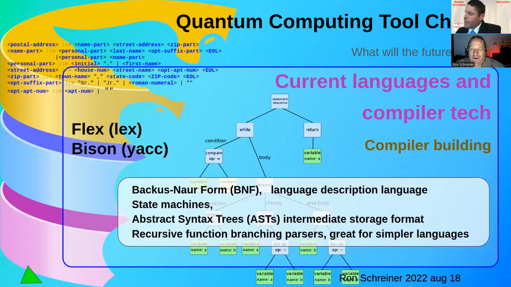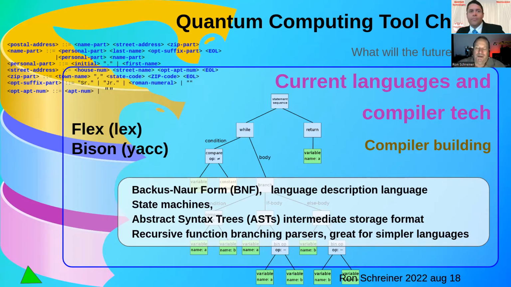Actually, they go to the next line and you see the rules that define the name part. Same thing with street address and the zip part. There are rules in this language that tell you how to build those things. Once again, we have something that's very hierarchical, but you have a way of defining what the semantics of your language are going to be.